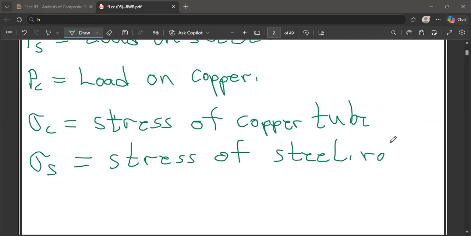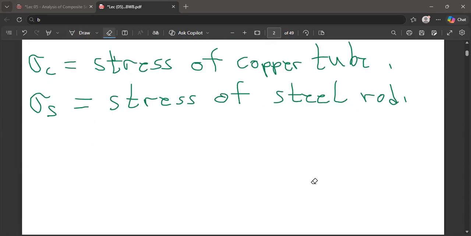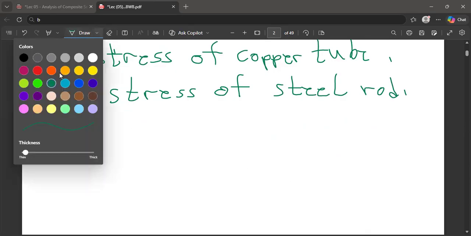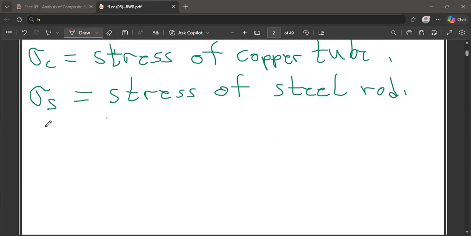So this is also the steel rod. We are just going to proceed from our step one. We want to group our calculation into steps.